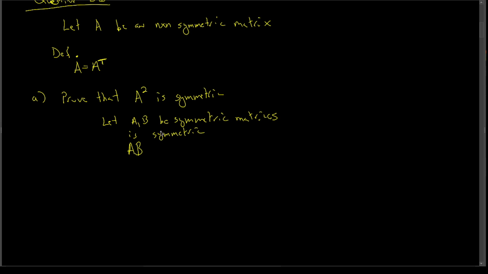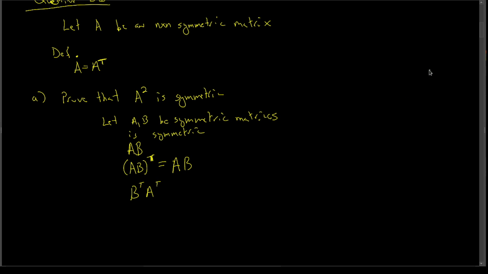So to show this, we have to show that (AB) transpose equals A times B. That would be the definition of symmetry. It has to equal its transpose directly. Now, we have the relationship (AB) transpose is B transpose A transpose.